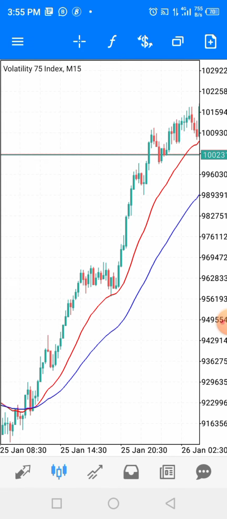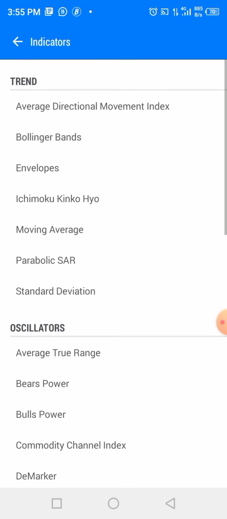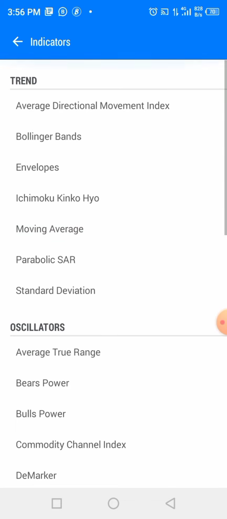Now let's head to adding our moving averages, and I will show you those specific moving averages that I want us to work with. When you click on the F icon at the top of your screen, you are going to click on the moving average. So this is the moving average. When you click, you are going to see a couple of indicators here. So we are choosing the moving average, you can see the MA.